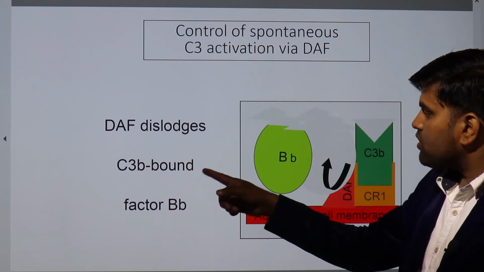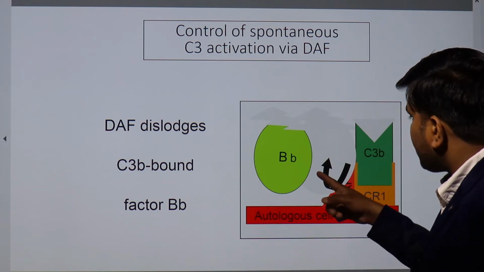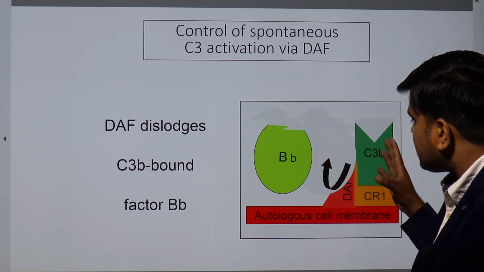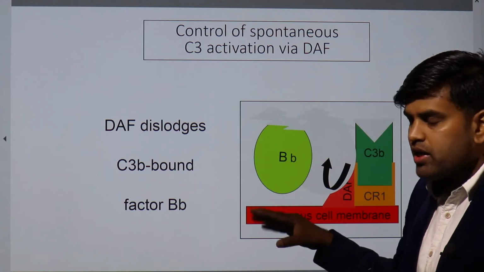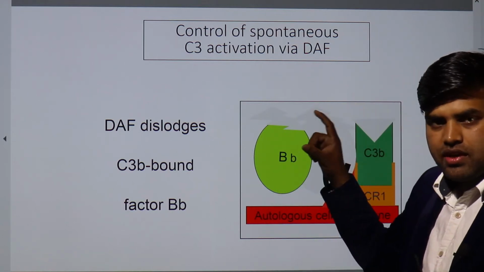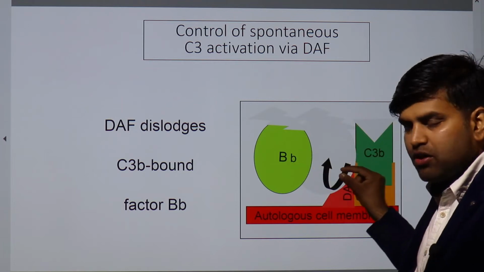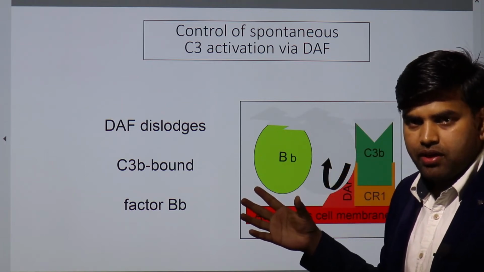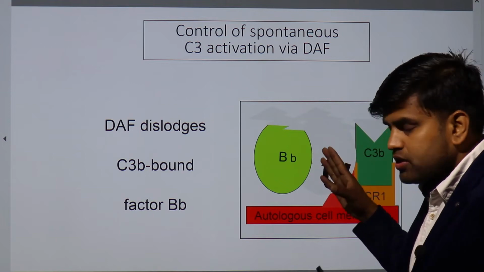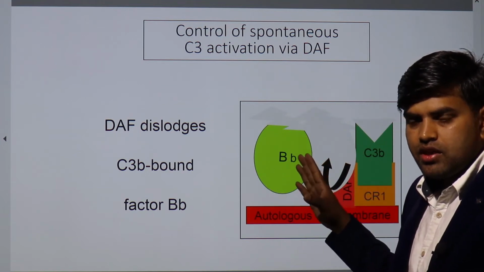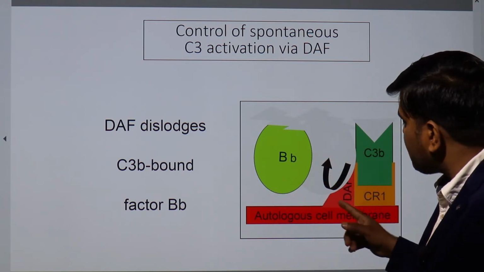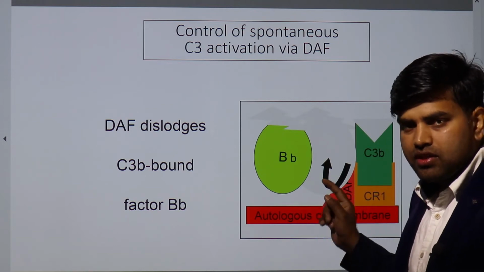So this DAF dislodges the C3b-bound factor, binding this big B and small b, and this is inhibited. When there is a microbial surface and the alternative pathway is activated, this DAF factor is removed and then they bind to each other and the pathway is completed. But without the presence of a stimulus, if they get activated, then they will develop disease. So what is preventing it from getting activated by itself? This is the DAF protein.